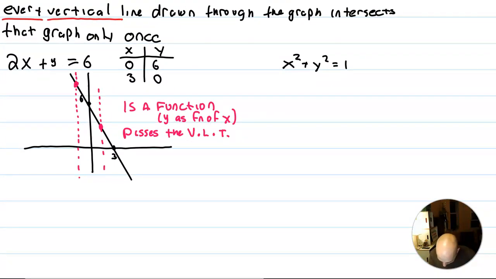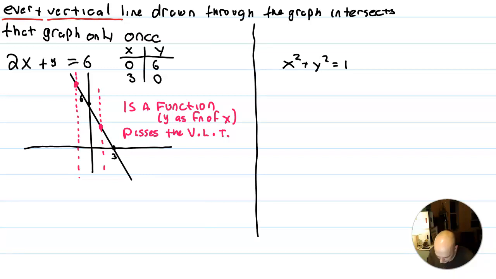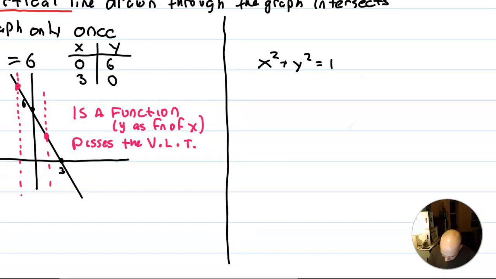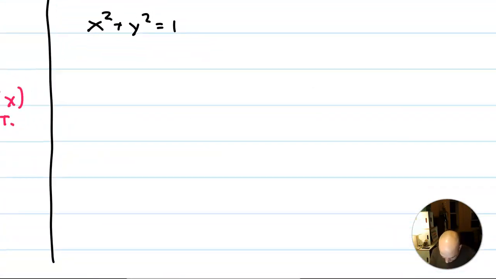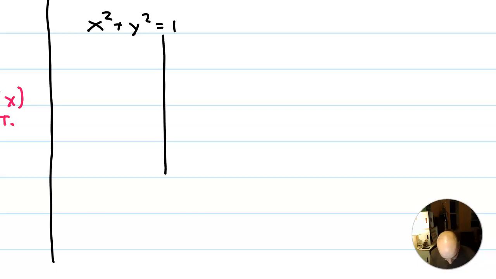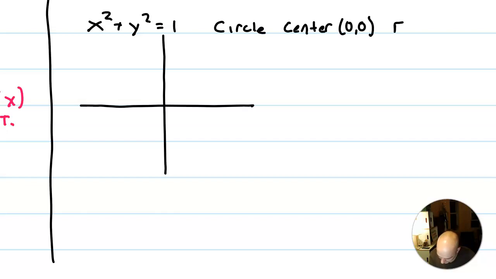All right, let's look at the next one. So this equation is x squared plus y squared equals 1. For this one, we solved it with some annoying algebra, but you also already know what this graph looks like, I hope, because it is a circle with center at the origin and radius 1.